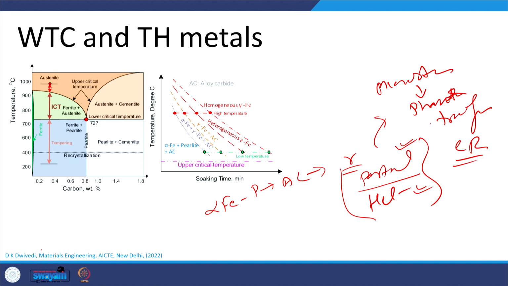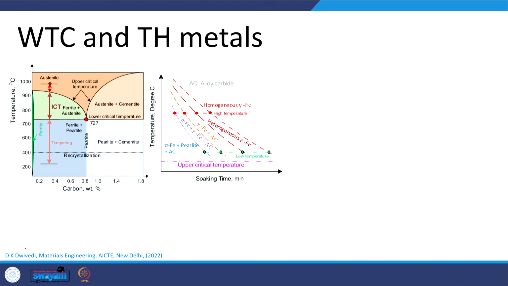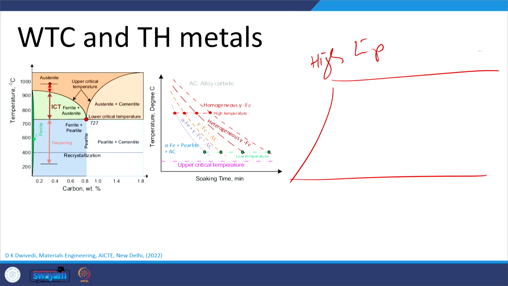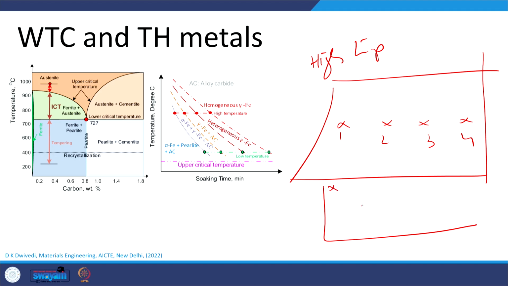This is another aspect. You see this is the fusion boundary, and as a function of the locations 1, 2, 3, 4, if we plot the temperature, we find the temperature at 1 is high, at 2 a little lower, at 3 further lower, and at 4 further lower still. So, the peak temperature is decreasing.